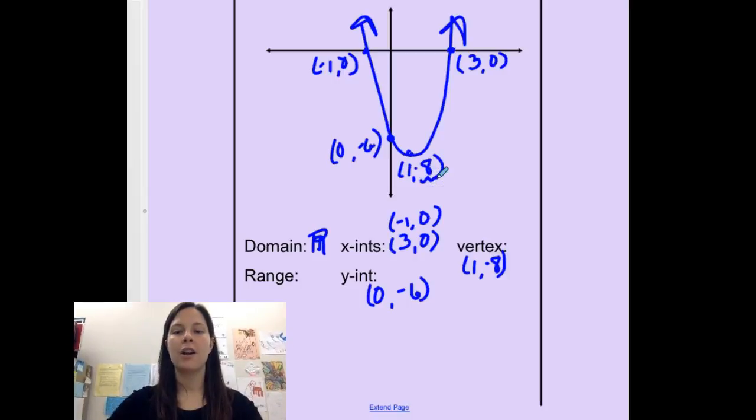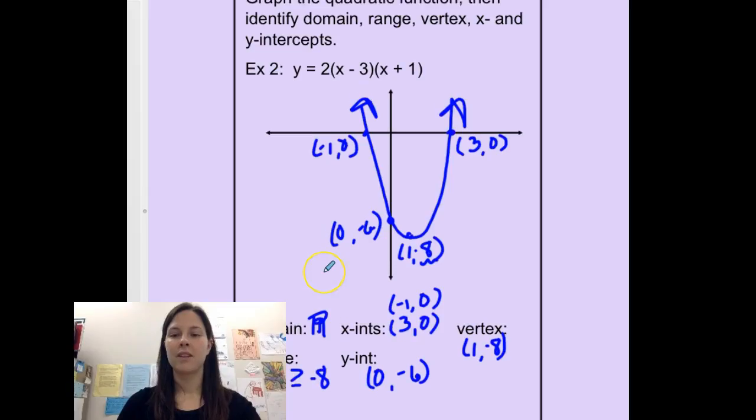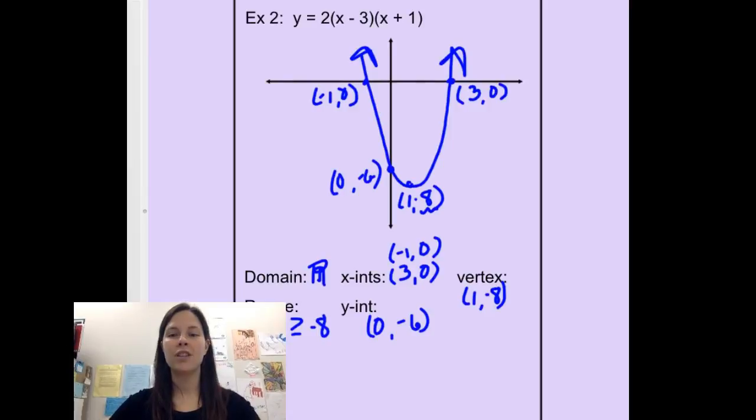And again, our graph opens up, so our range is greater than or equal to -8. One more time, let's take a look at that equation compared to our graph. We have a -3 in the asylum grouped with the x, so our 0 was +3. We have a +1 inside the asylum grouped with the x, so our 0 was -1.